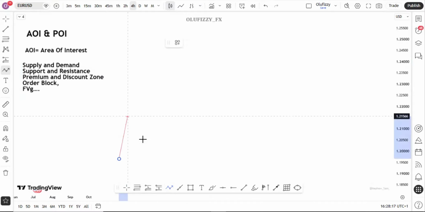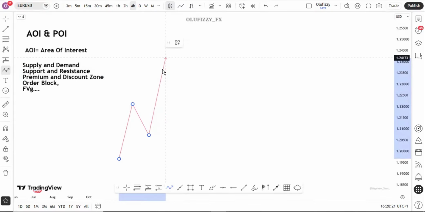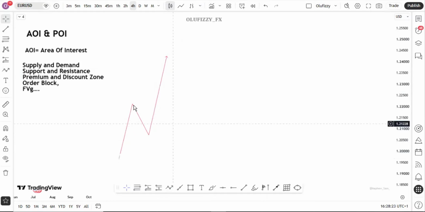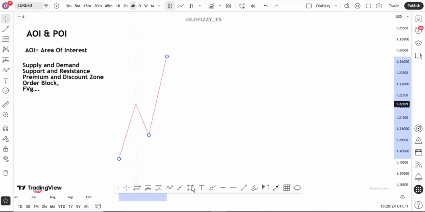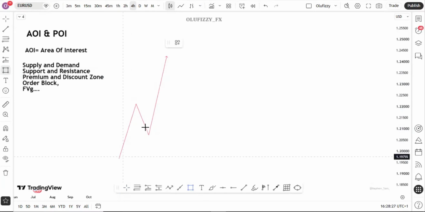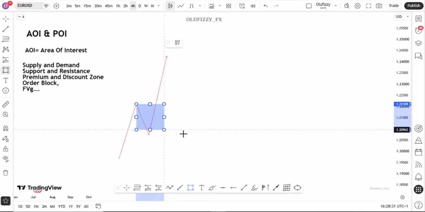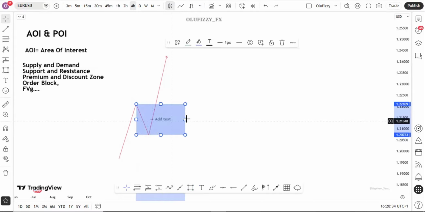So now, let's say price is going to the upside like this. In this case, this particular level here, we have a rally, we have a base. So this entire base here is a demand level.